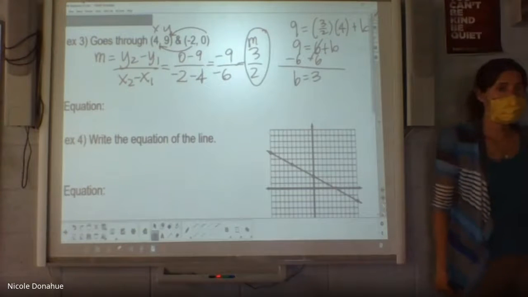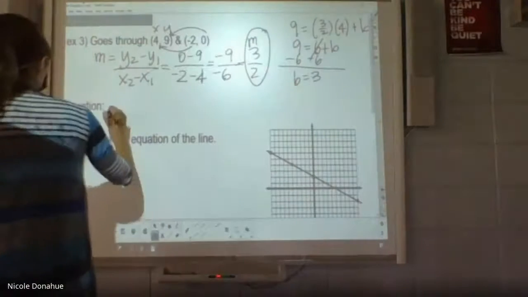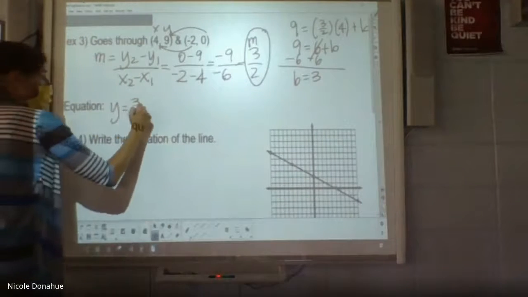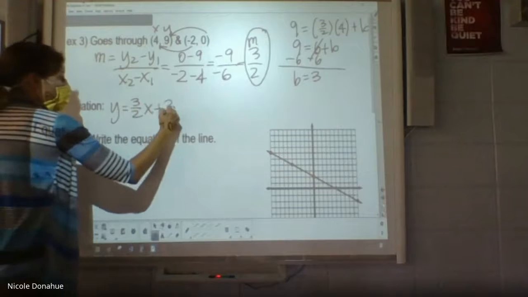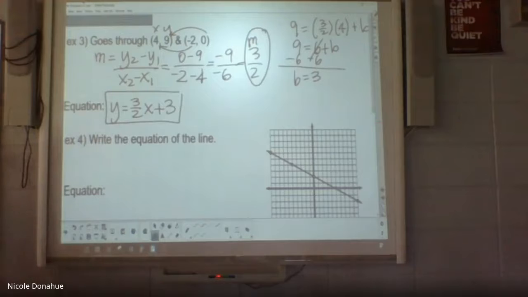Once I know b is 3, then I can write my equation. Questions there at all?